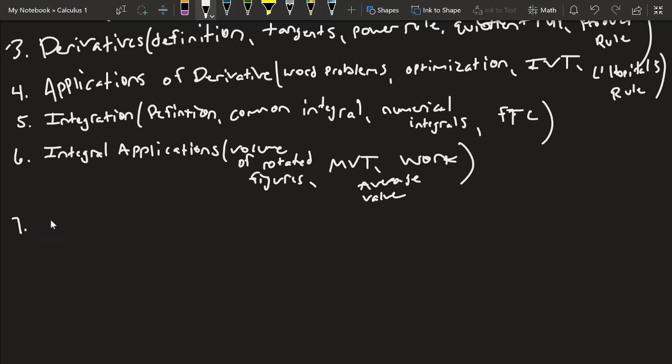Next, with chapter 7, we'll talk about integration techniques, because as many of you, if you've ever taken a calculus course before, know, some integrals are easier than others. So we'll learn about integration techniques such as integration by parts. We'll talk about integration by partial fractions.